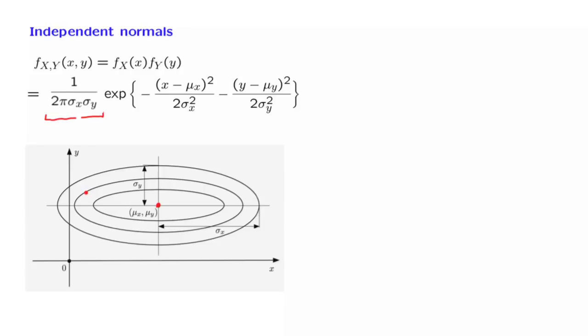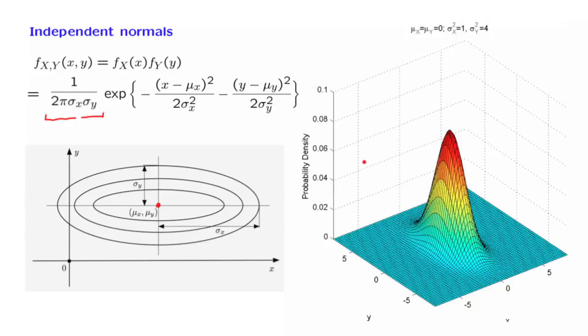Now, for the case of standard normals, the joint PDF was circularly symmetric. The contours were actually circles instead of ellipses. But this is not the case in general. For example, suppose that the variance of y is bigger than the variance of x. Then you get a shape as the one shown in this figure.